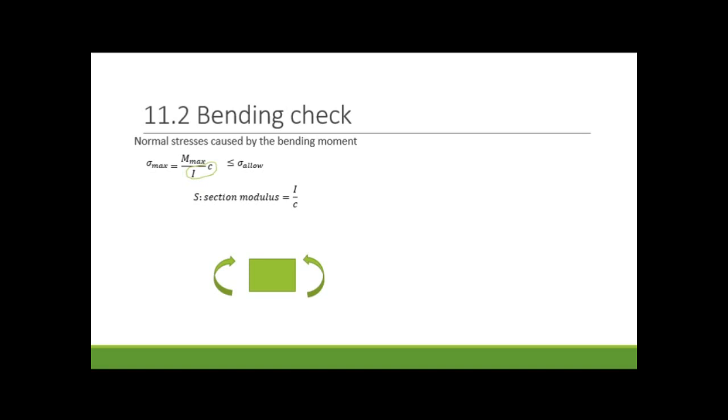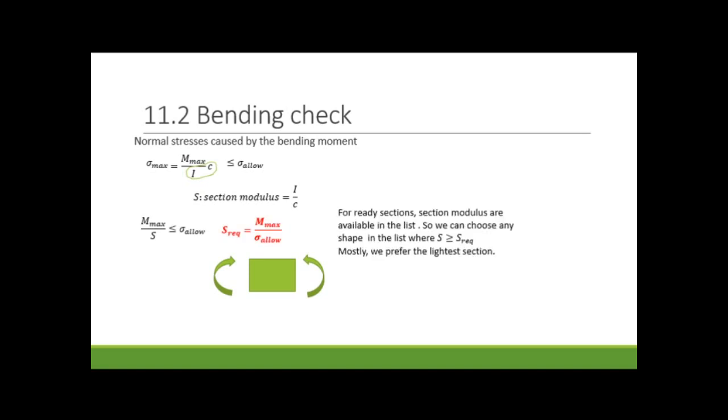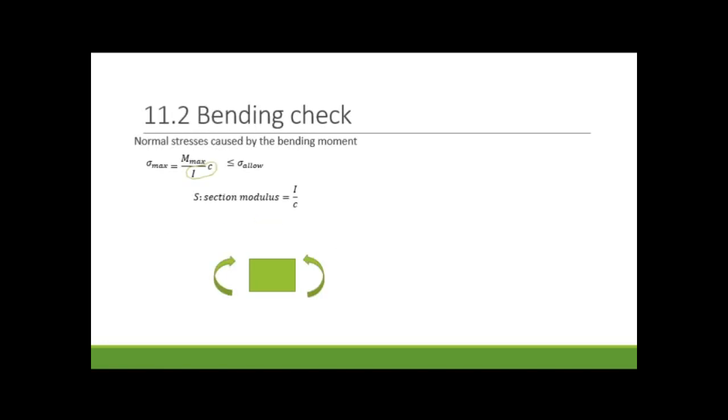Therefore, how can we obtain the section modulus? You can see the moment of inertia is related to section properties, I mean the cross-section properties, and we can find the moment of inertia.